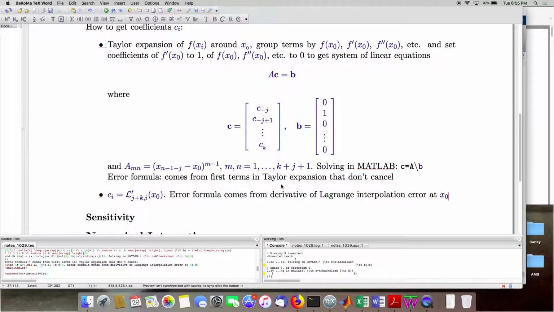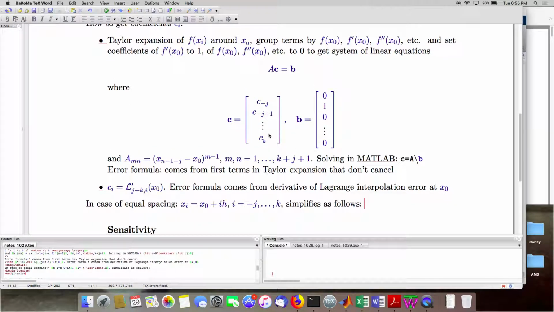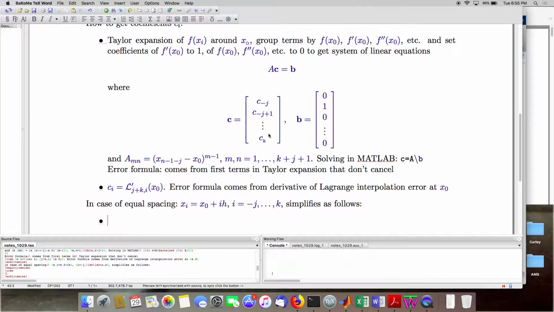Now, in the case of equal spacing, where xi is equal to x naught plus ih, for i equal to minus j all the way up to k, then the way these approaches simplify. All right.